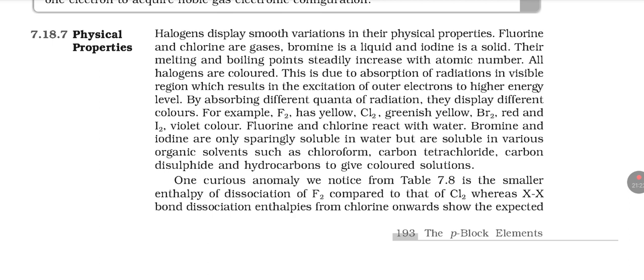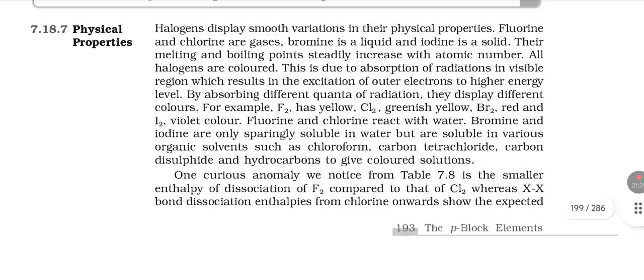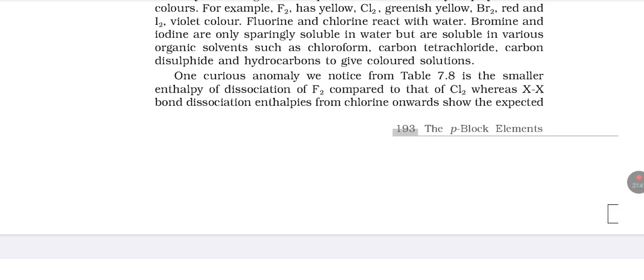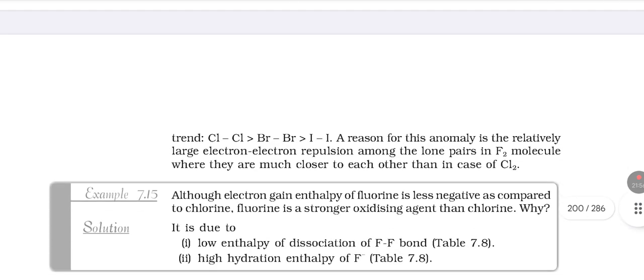Fluorine and chlorine react with water. Bromine and iodine are only sparingly soluble in water but are soluble in various organic solvents such as chloroform, carbon tetrachloride, carbon disulfide, and hydrocarbons to give colored solutions. One curious anomaly we notice is the smaller enthalpy of dissociation of fluorine compared to that of chlorine, whereas halogen-halogen bond dissociation enthalpy from chlorine onwards shows the expected trend.